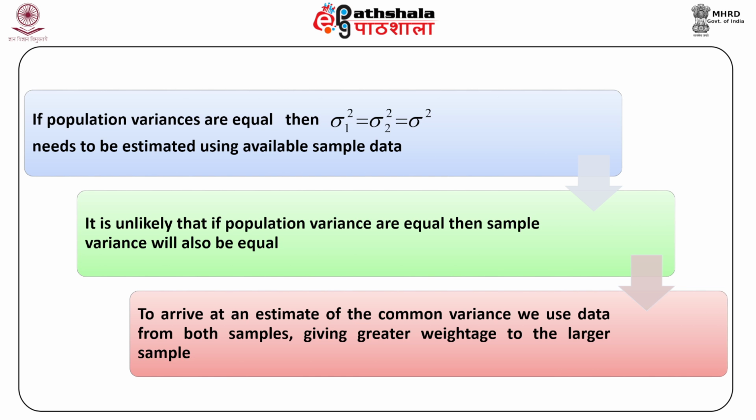It is unlikely that although sigma 1 square is equal to sigma 2 square, we will also find s x square is equal to s y square. To arrive at an estimate of the common variance sigma square, we use data from both samples, giving greater weightage to the larger sample as that has more information.